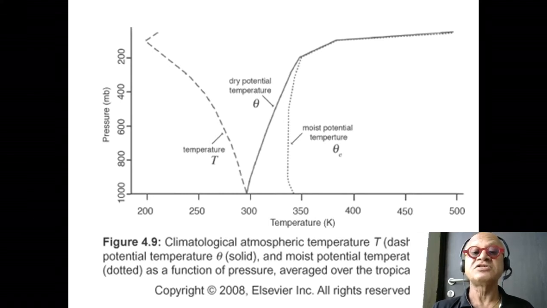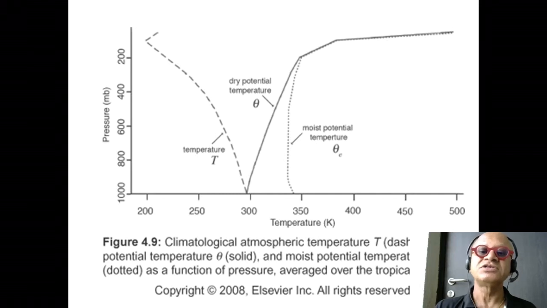We'll see that this is conservative except when you have moist processes, and this is much more vertical than either of these. This is the moist potential temperature, and we'll see that this is conserved under moist processes as well. This is conserved under dry processes, and this is conserved under moist processes.